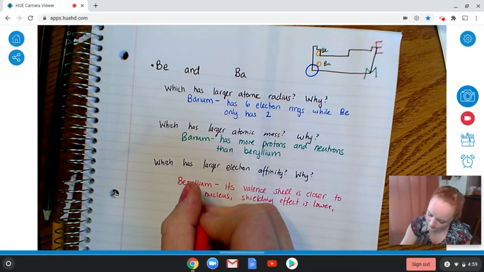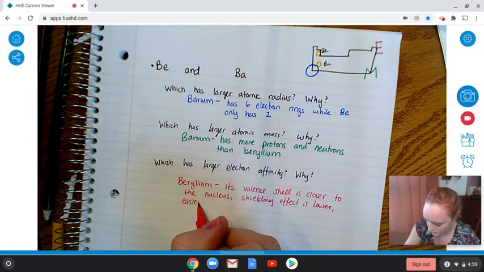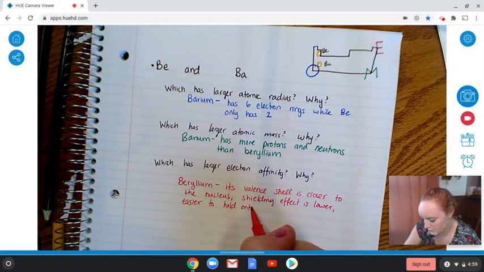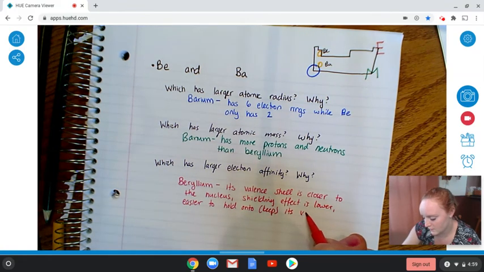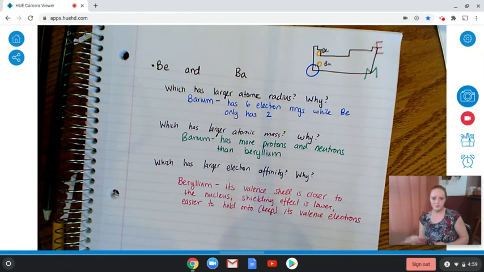And therefore, it is easier to hold onto or to keep its valence electrons. So that's the type of logic that we're looking for.